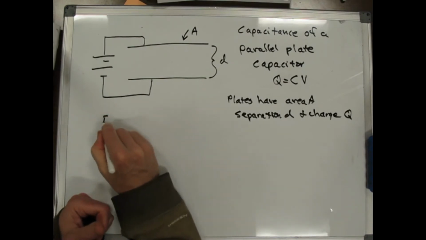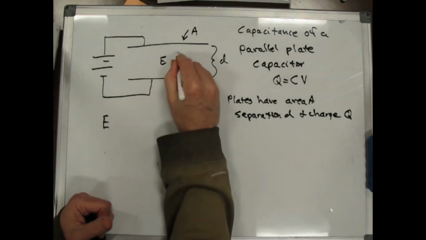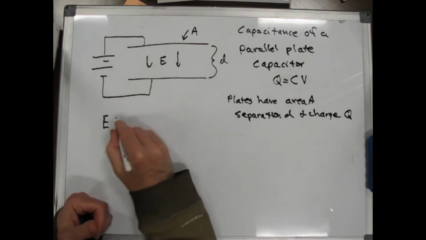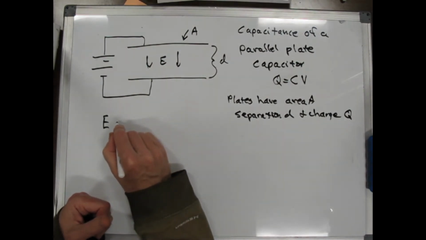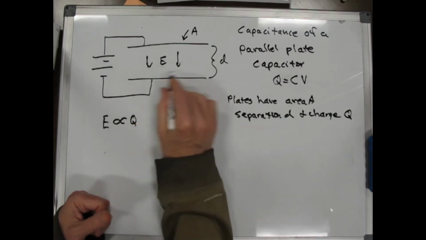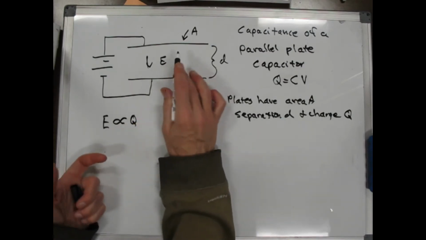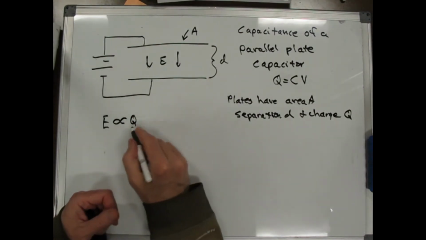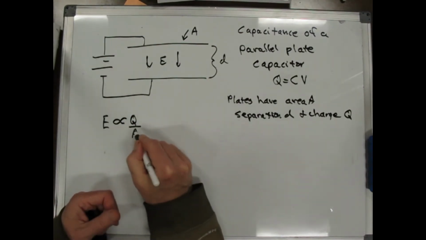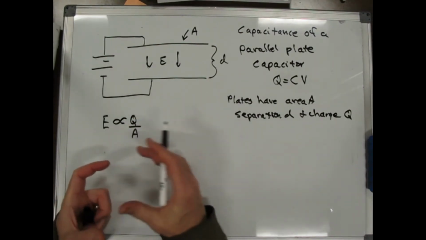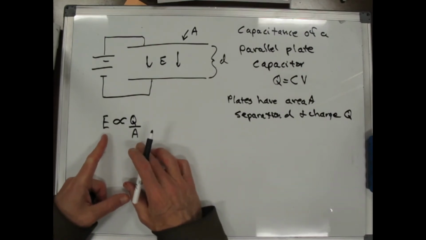Now we know that the electric field between the plates, we already said that that's proportional to the charge on the plates, because the electric field is proportional to the line density, and so that's proportional to how many charges you have. But it's also inversely proportional to the area, because the more area I have, the more spread out my charges are.